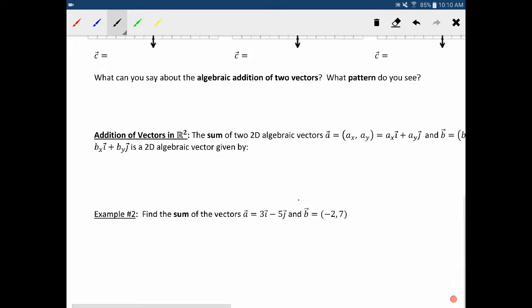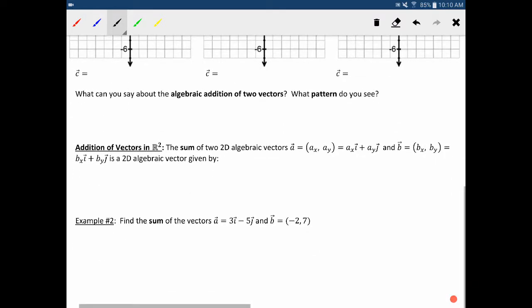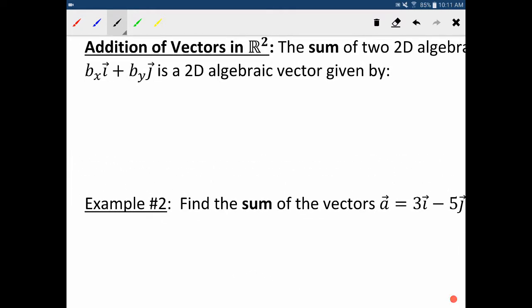All right. So let's summarize what hopefully you came up with in that investigation. We're going to look at addition of vectors in R2. So the sum of two 2D algebraic vectors, which we've got A and B here. In other words, I want to know what A plus B is.